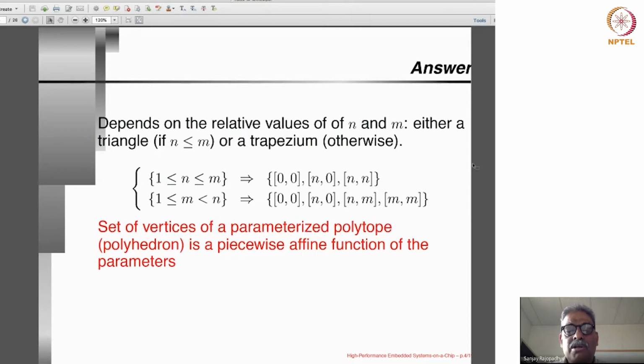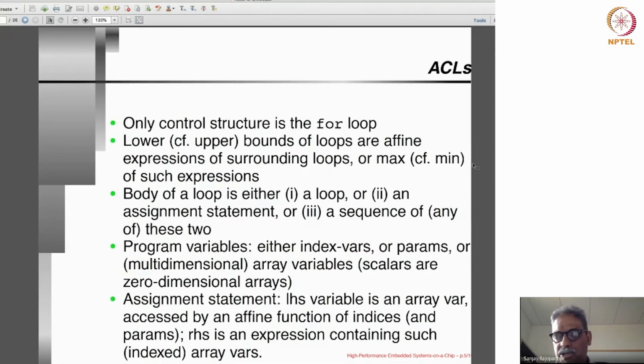If a certain inequality is satisfied amongst the parameters, then you have some vertices. Otherwise, you have other vertices, triangle or trapezoid. Okay? This is the key intuition I want you to get from this slide or up to now.